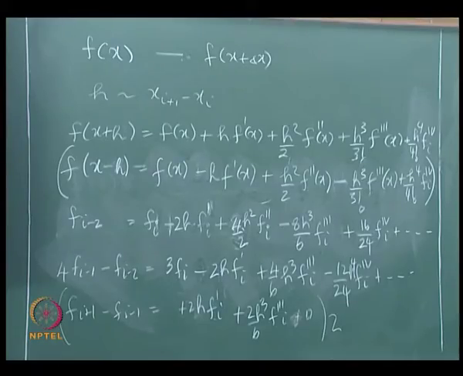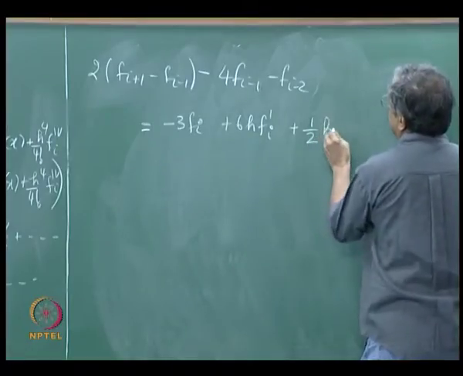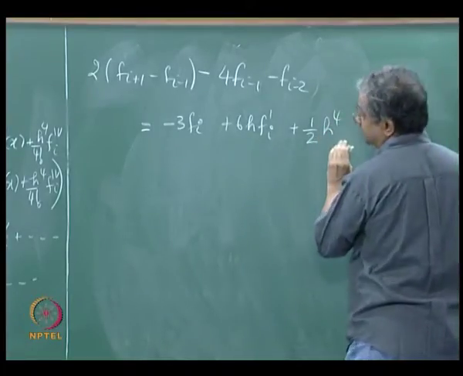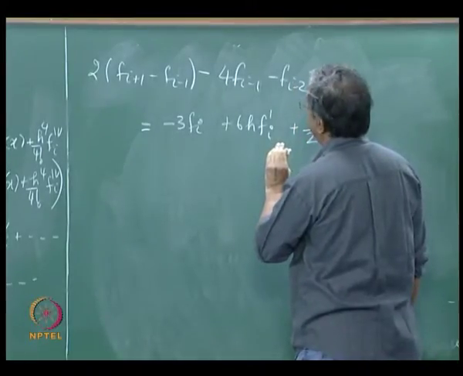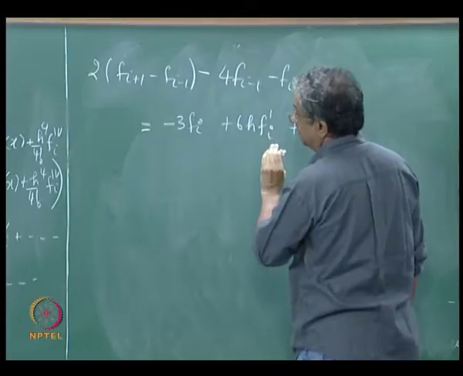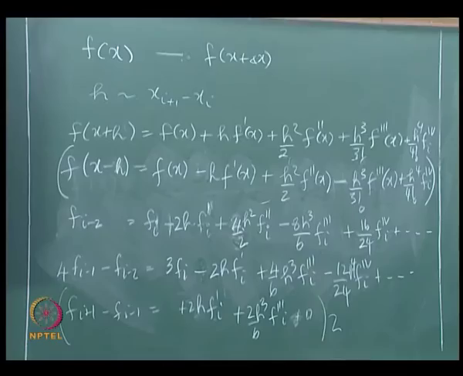The triple prime goes away and we have multiplied this, so it will be plus 1 by 2 h to the 4th, or that is plus f(i-2), h to the 4th derivative at i. Is that okay? Fine.